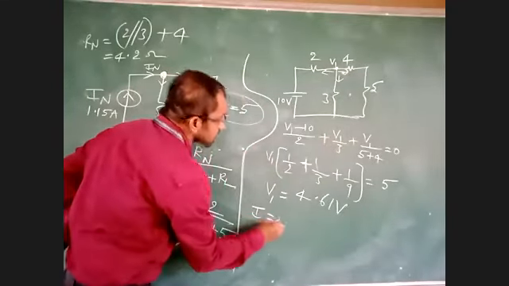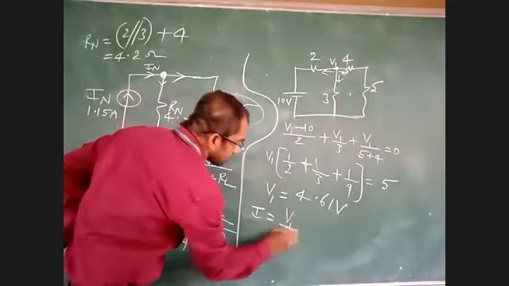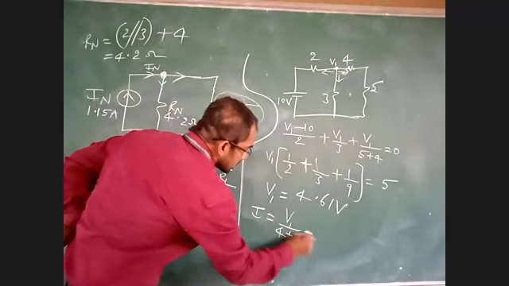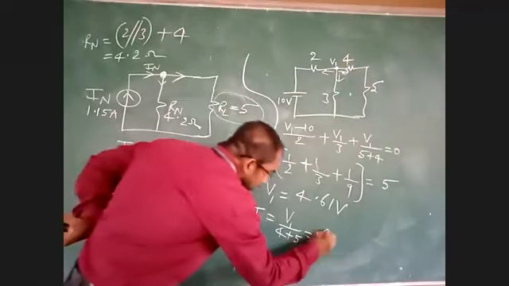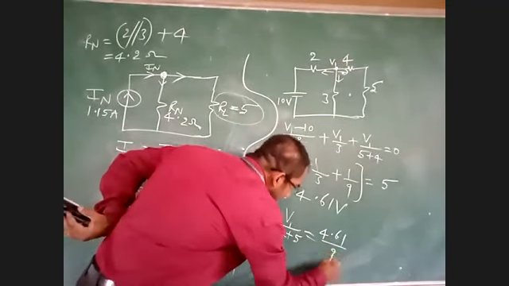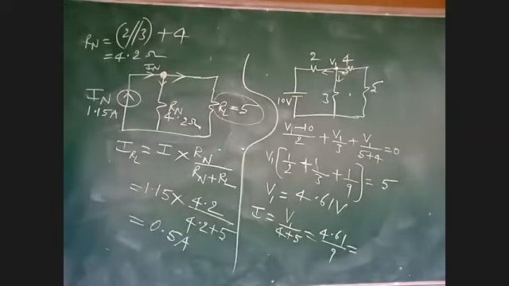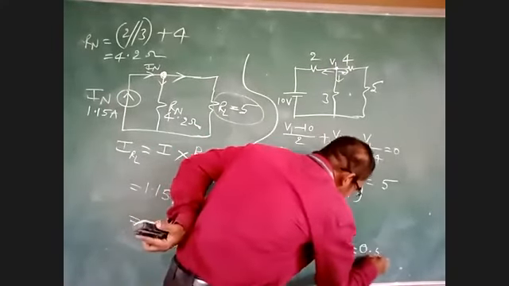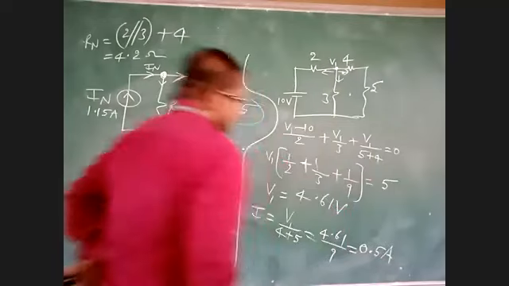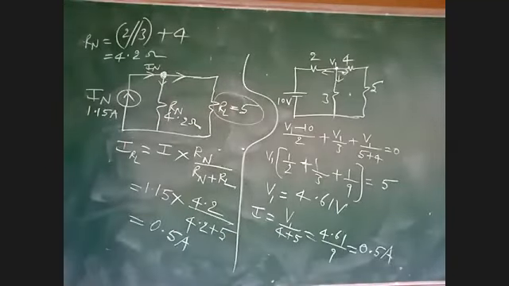Current in 5 ohms is equal to this one. 5 and 4 are in series, that is V1 by 4 plus 5. In series, current will be the same. Whatever current is flowing in 4 ohms, the same current will flow in 5 ohms also. 0.5. In the theorem and also in verification, we have got the same answer in 5 ohms.